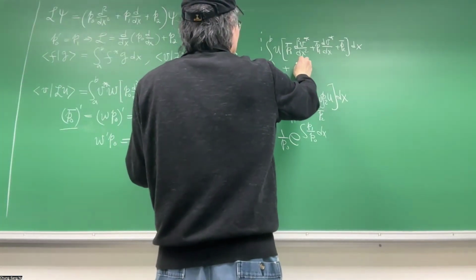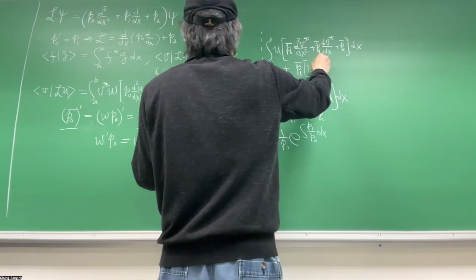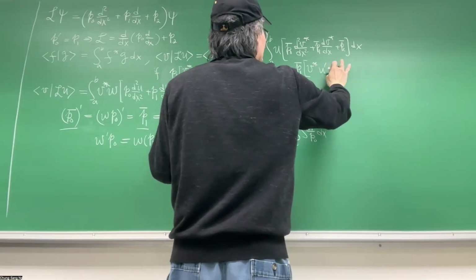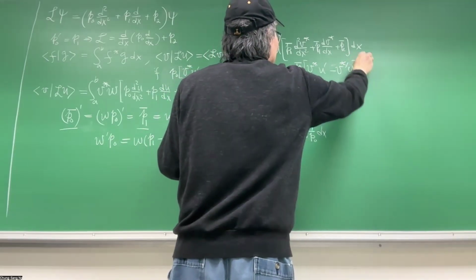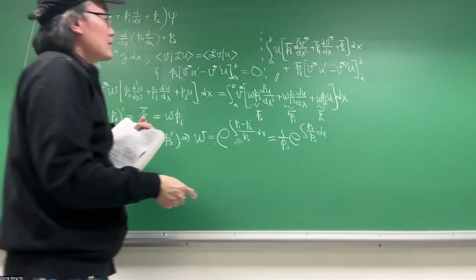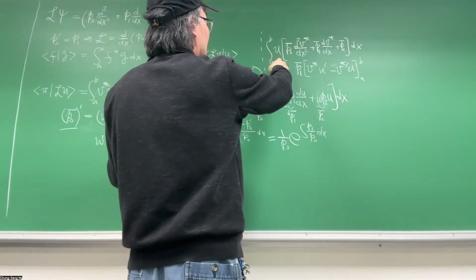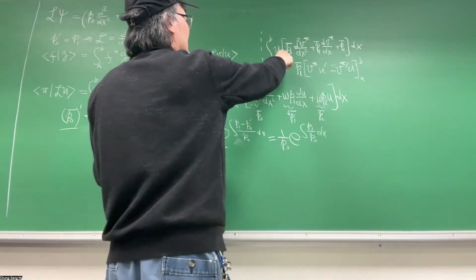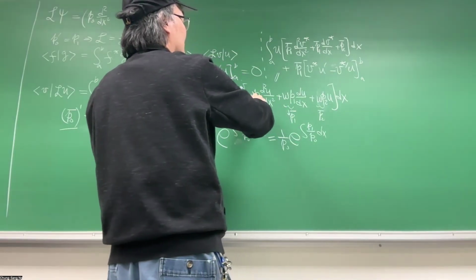You have P1 bar, and then, pi, V star, pi, okay. So this will be self-adjoint. Now you can substitute back this P0 bar, P1 bar, P2 bar back to the P0, P1, P2.